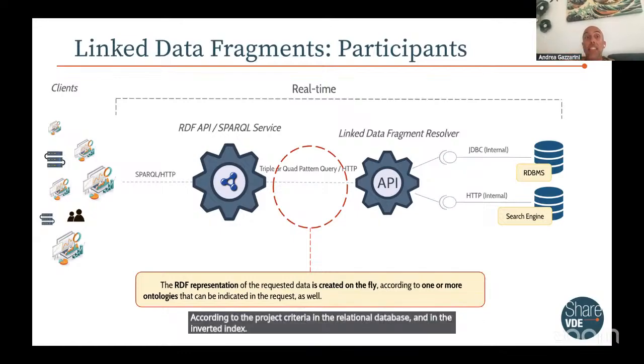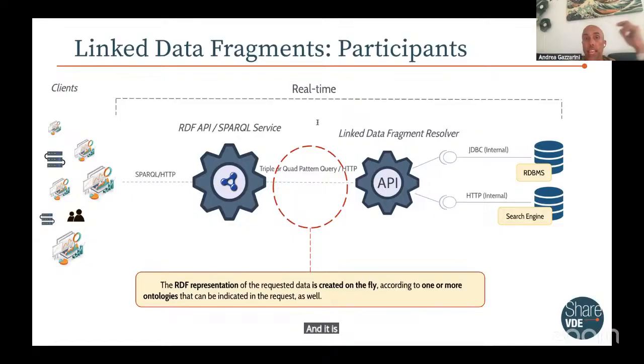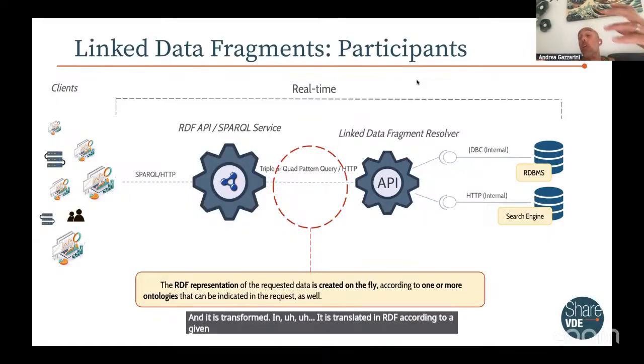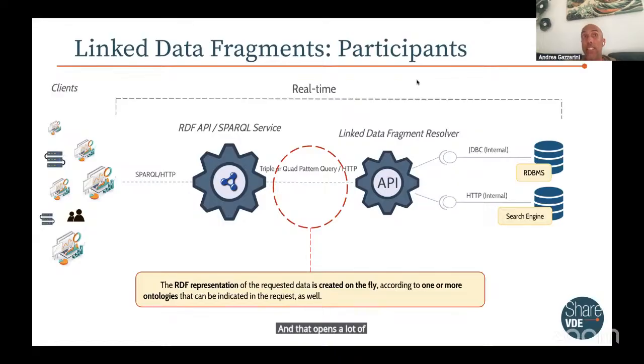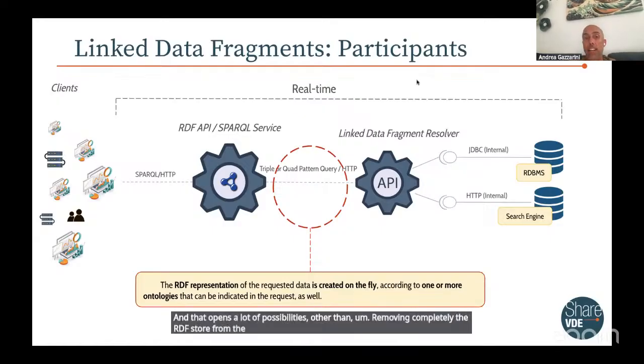And it is translated into RDF according to a given ontology or set of ontologies on the fly. And that opens a lot of possibilities other than removing completely the RDF store from the architecture diagram.